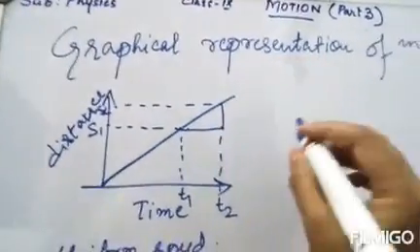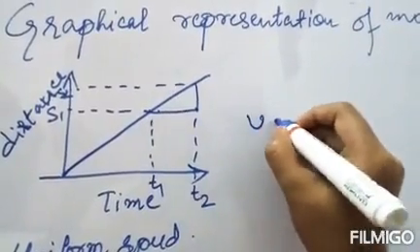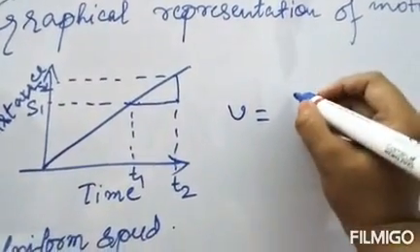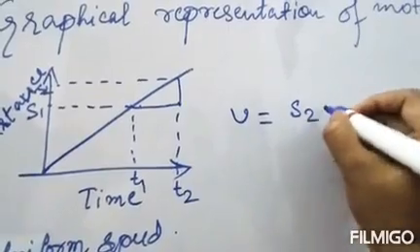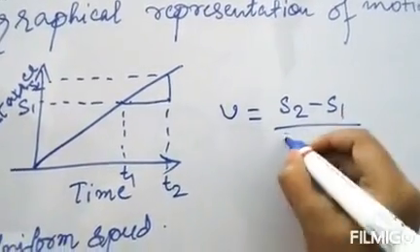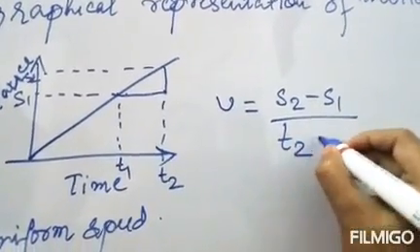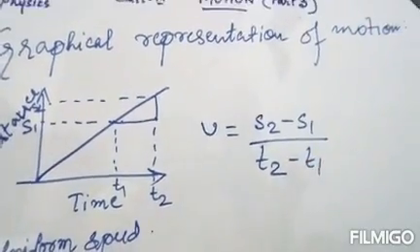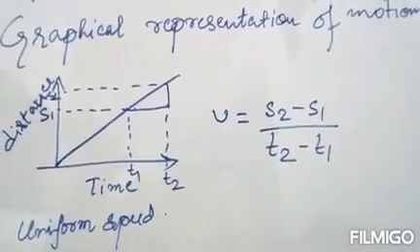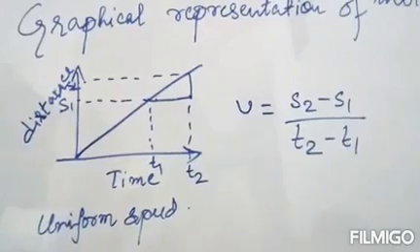Then slope of the graph will give the velocity, which means it will be S2 minus S1 by T2 minus T1. So slope of the graph gives the velocity.